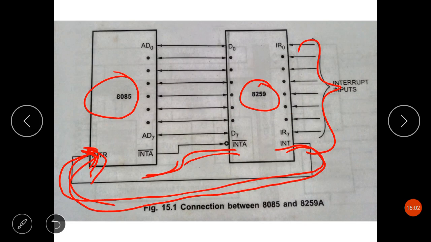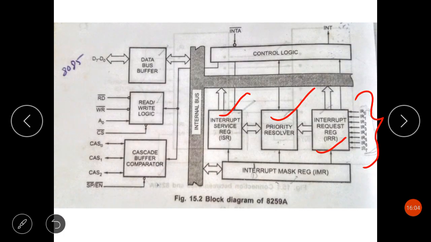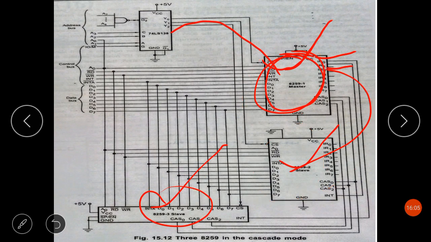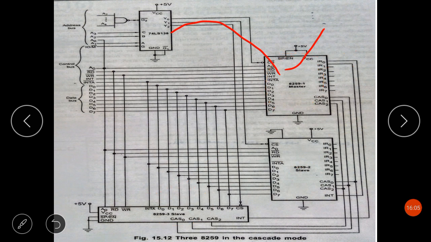Let me show you how the CAS0 to CAS2 pins work. For the master 8259, these pins are output pins, and for a slave, they are input pins.